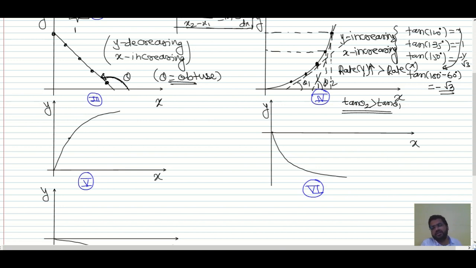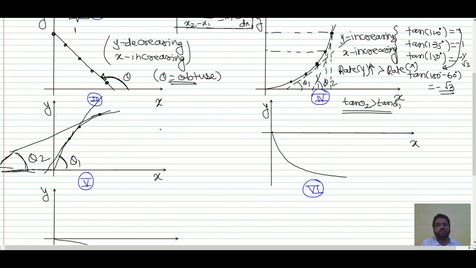At this point, as you can see, if you drop a tangent, this is the first one and this is the second one. The angle with respect to the horizontal, theta 1, theta 2, is decreasing.